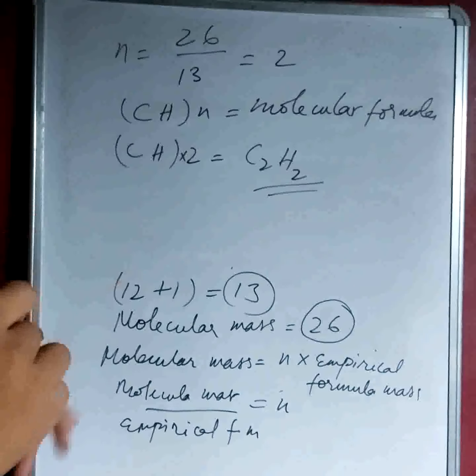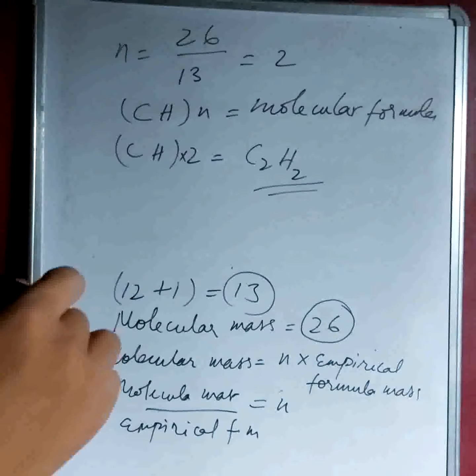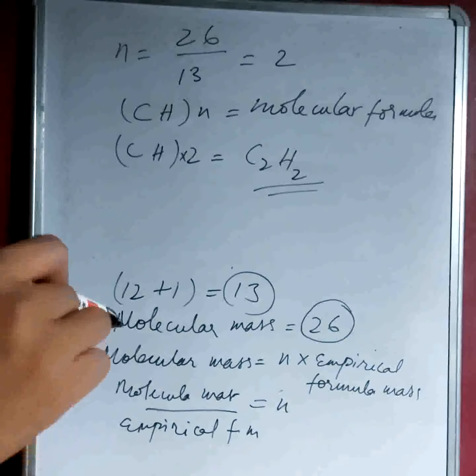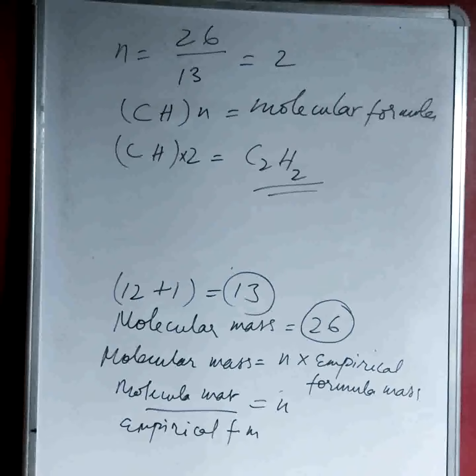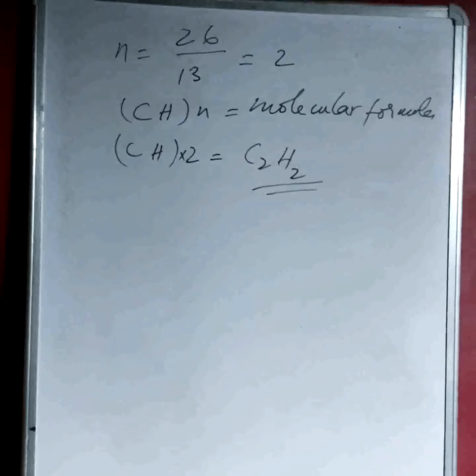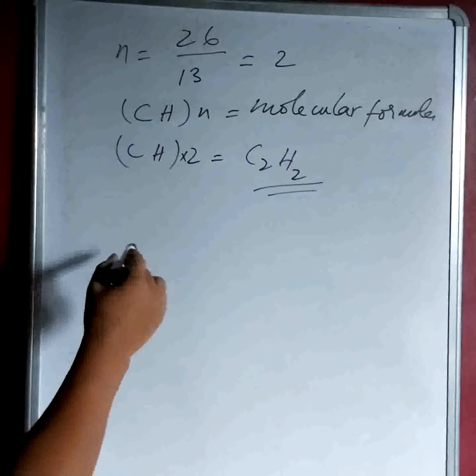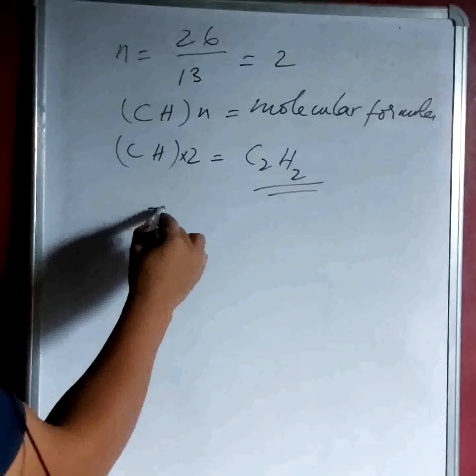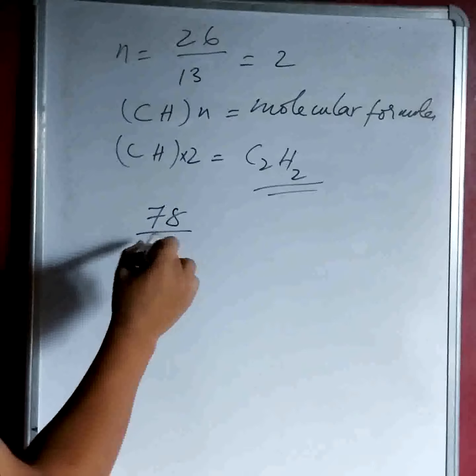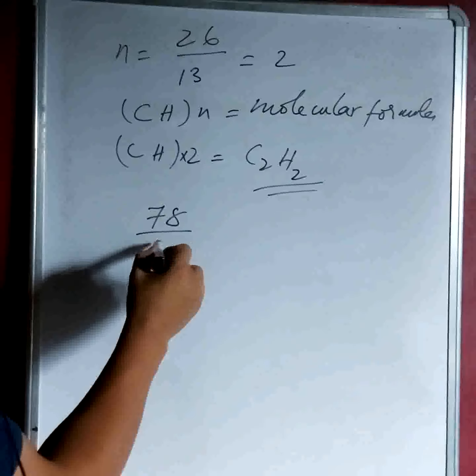In the same way we can calculate for benzene. Now benzene, the given molecular mass in the question is 78, and the calculated empirical formula mass is 13.